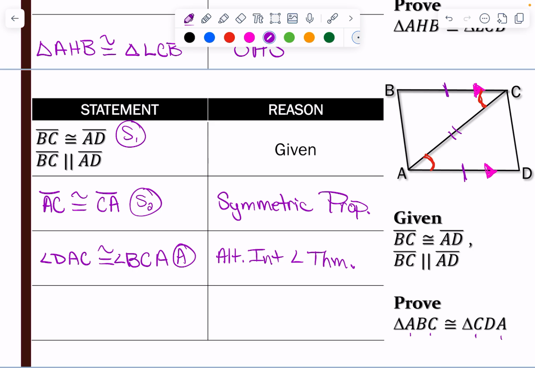So therefore, we know triangle ABC is congruent to triangle CDA. And how do we know that? Because side angle side relationship. All right, and that is how we start off on day 1 with side, side, side and side angle side relationships to prove triangle congruence.